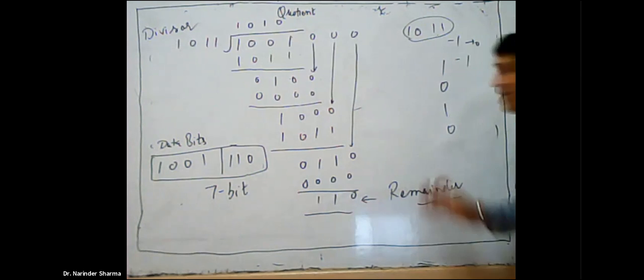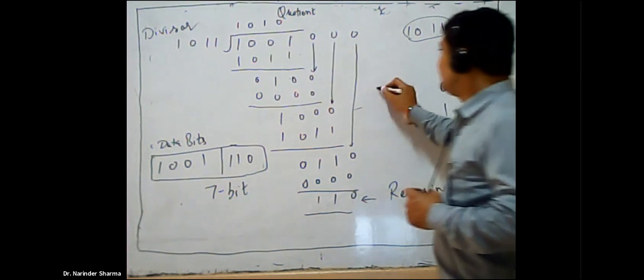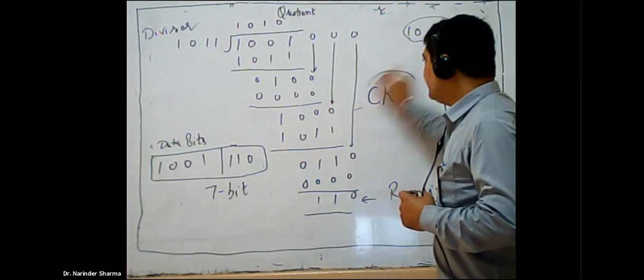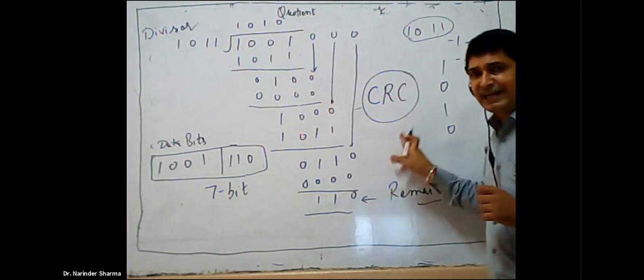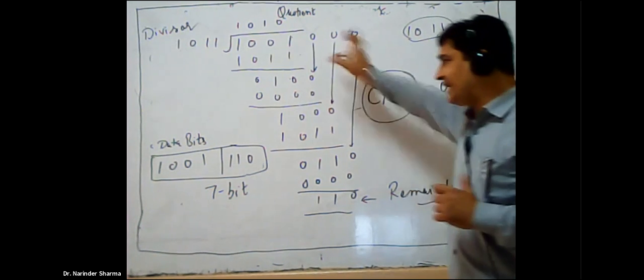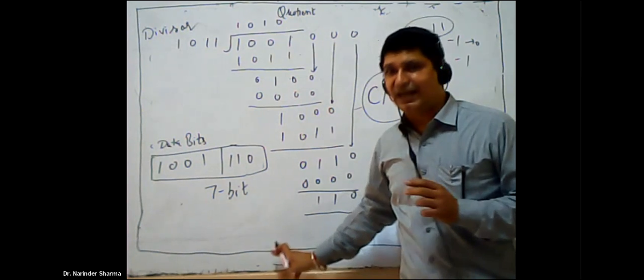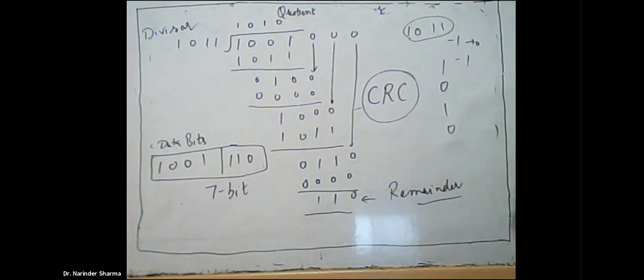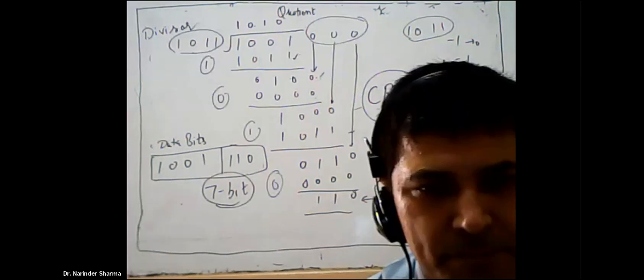In this way, we can check by using the cyclic redundancy code, CRC, whether there is any error in the data or not. In this way, we can find out or correct the data as per the requirement during communication.